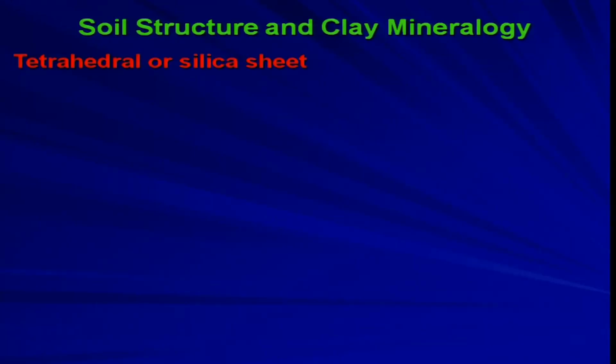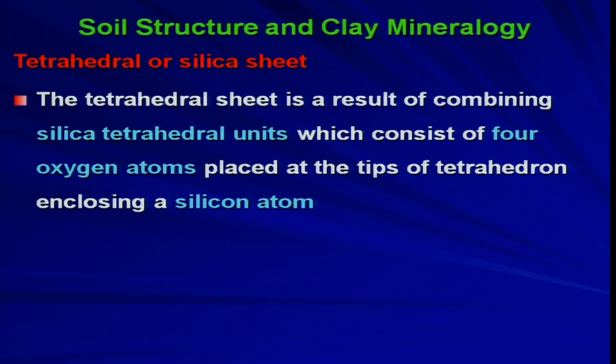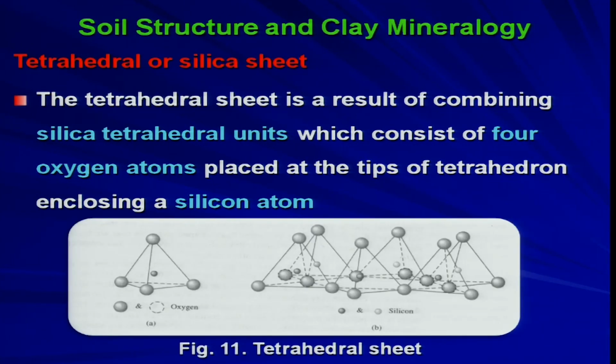Now, the tetrahedral or silica sheet, how they look and what these sheets are. The tetrahedral sheet is a result of combining silica tetrahedral units, which consist of 4 oxygen atoms placed at the tips of a tetrahedron enclosing a silicon atom. If you look at this figure, this is the typical figure of a tetrahedron.